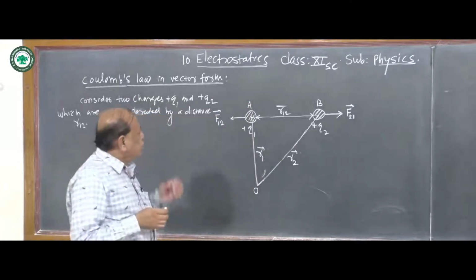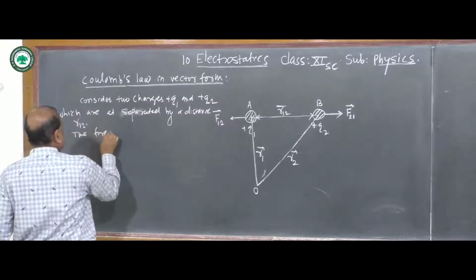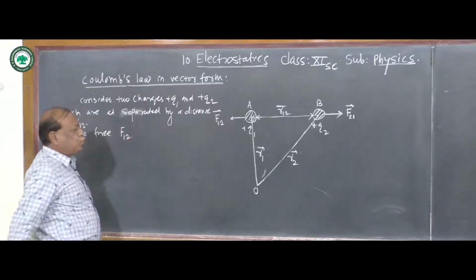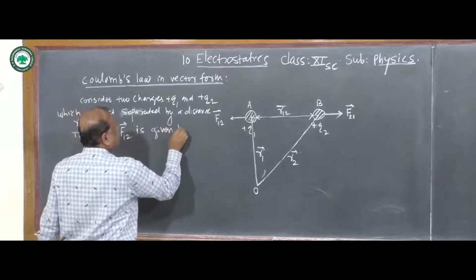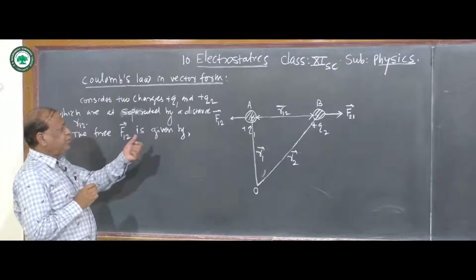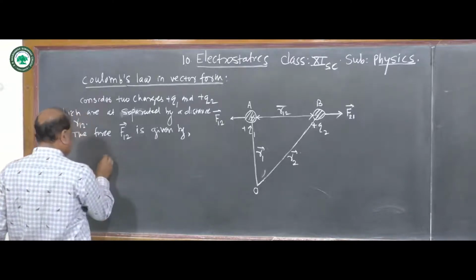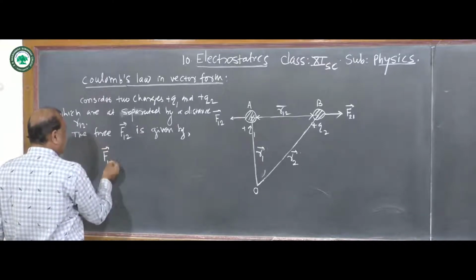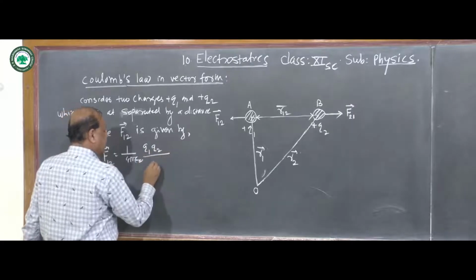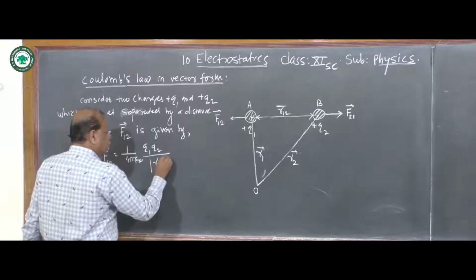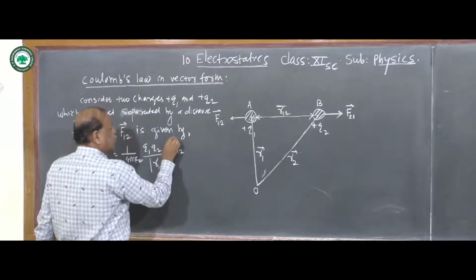And now we have to obtain those forces. The force F12, that is the force on charge q1 due to charge q2, is given by F12 bar is equal to 1 upon 4 pi epsilon 0, q1 q2 divided by mod of R12 square, into the unit vector R12 cap.